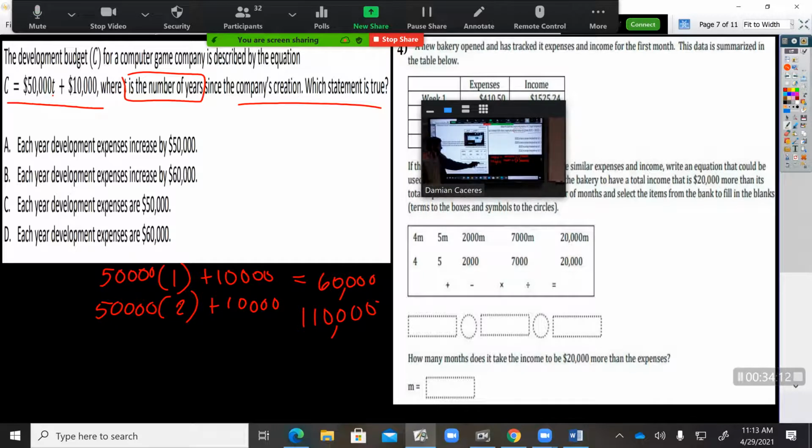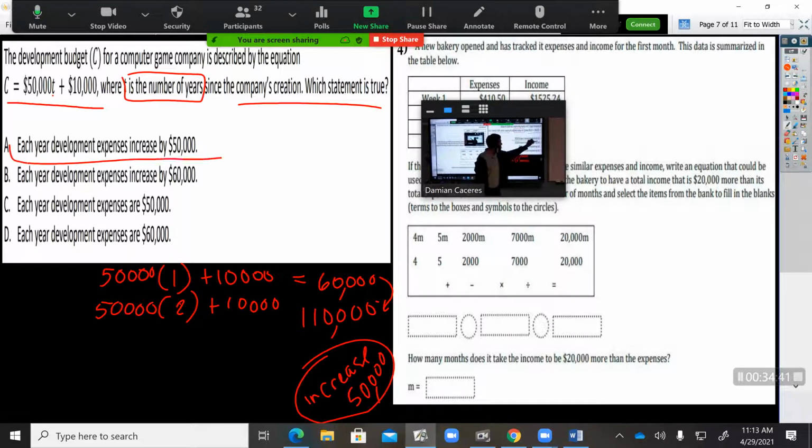Now, how much did it increase? From 60,000 to 110,000, how much did it increase? By 50,000. If I plug in a 3, what do you think the next answer is going to be? 160,000, because you know it increases 50,000 every time. You with me? Now we know which one is the answer. A has to be the answer because it says increase by 50,000.